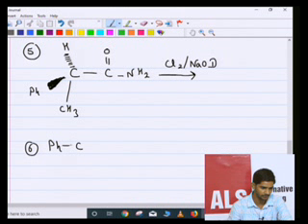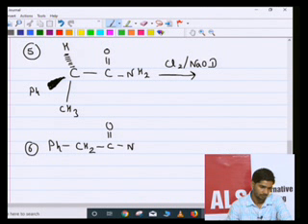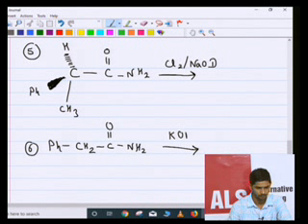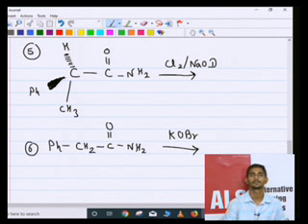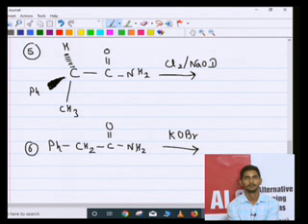Guys, attempt this question as well. Tell me the right answer. Attempt these 2 questions as well.